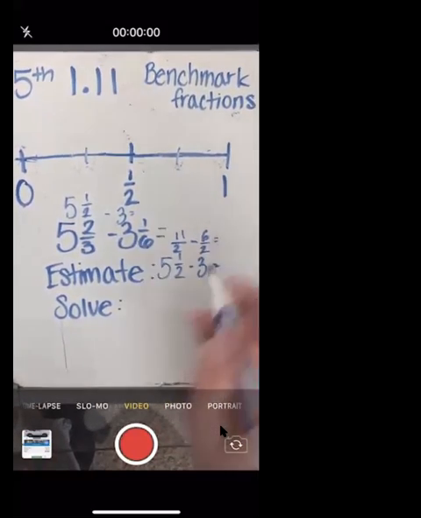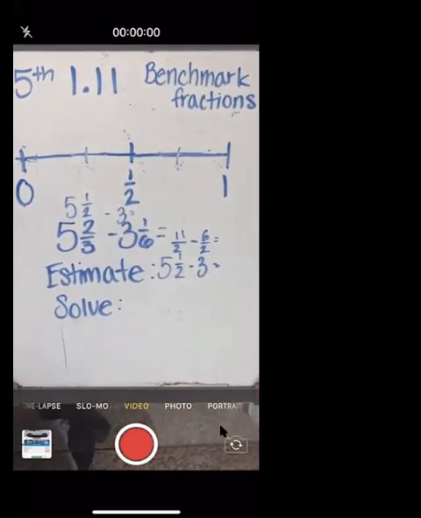Is this better for you? Yeah. Okay, and what do you end up with here? What's 11 minus 6? 5. So 5 halves, or 2 1/2.